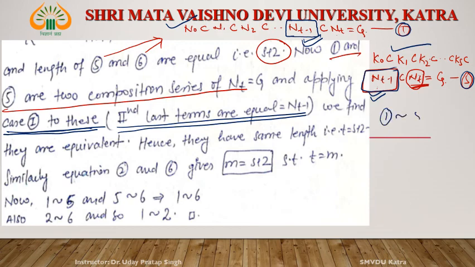1 is equivalent to 5, and we already proved that 5 is equivalent to 6, right? What is 6?